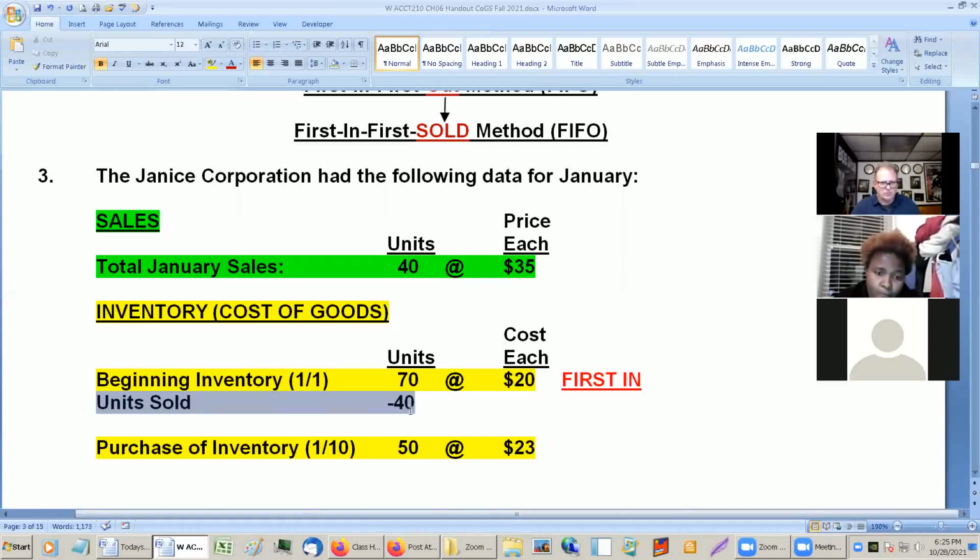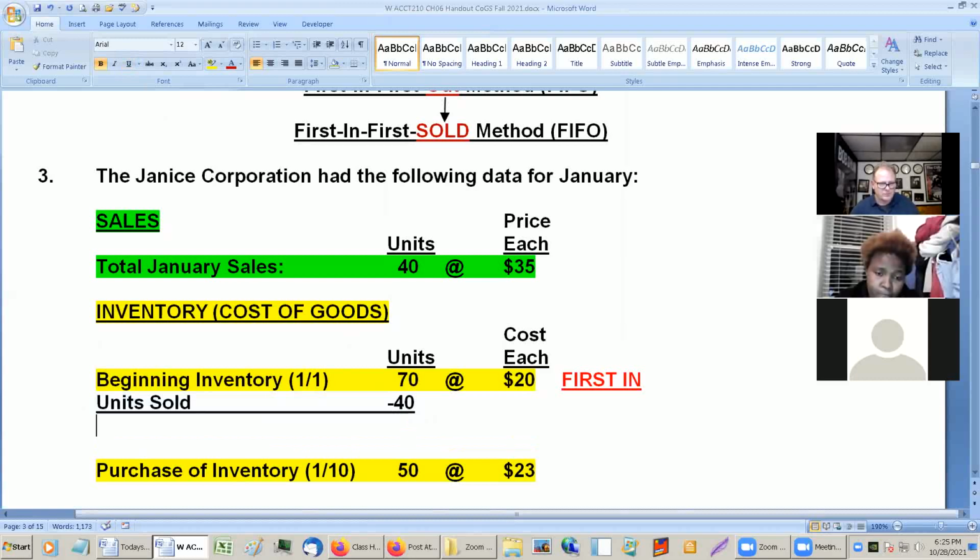So minus 40, so it's 30. Still sitting in that beginning inventory. $30. Yeah.